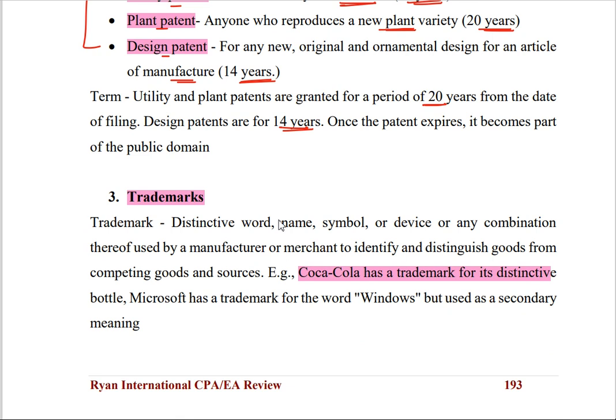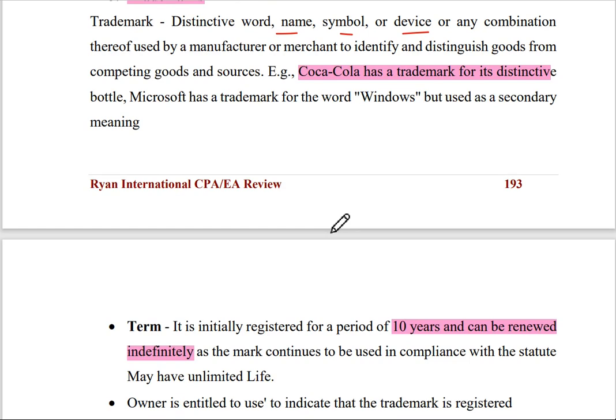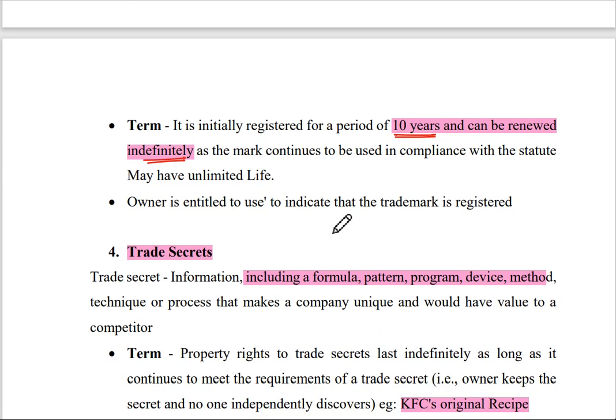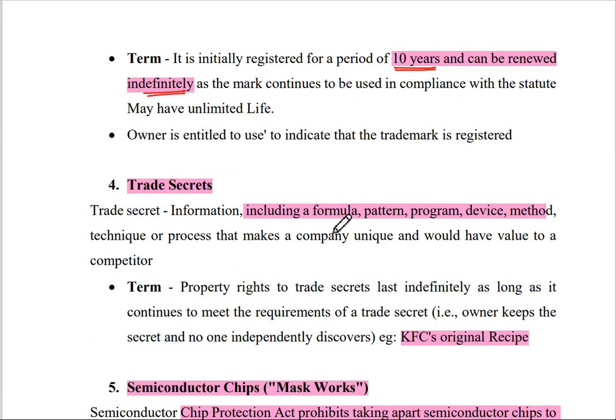Trademarks. Trademarks are certain names, words, symbols, or something like that. This is an intangible asset. It does not have a particular life; it has an indefinite life. Initially it is given for 10 years, and then the owner can renew it indefinitely, giving the right indefinitely.